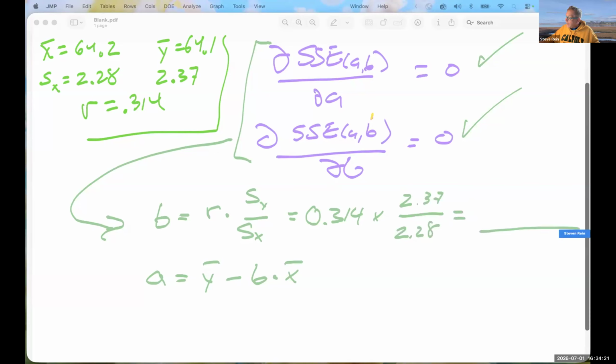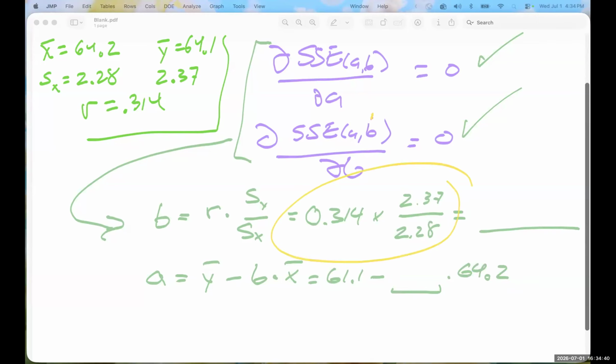I need to know the value, and while I'm waiting for y'all, 61.1 minus something, times x bar, 64.2. So what is this unknown value equal to? I got 0.326. I'm good with that. We'll find out.